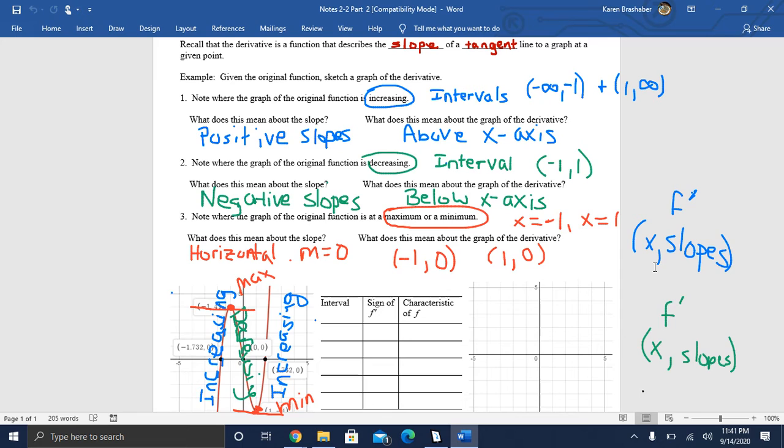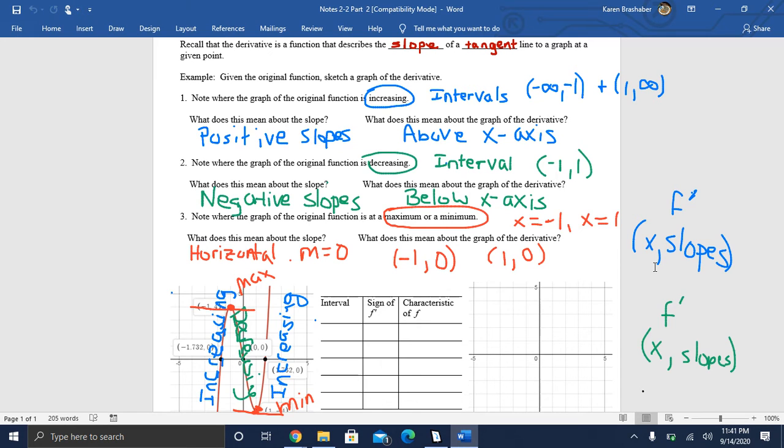The columns in the table will have, first of all, the intervals that we're interested in. Secondly, the sign of f prime. And by that, I mean, is it positive? Is it negative? Or is it 0 or undefined? And then the characteristic of f, your original function.